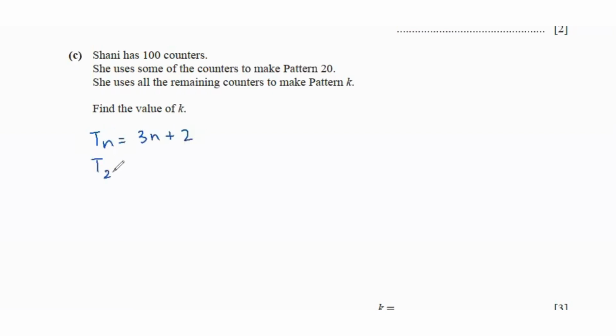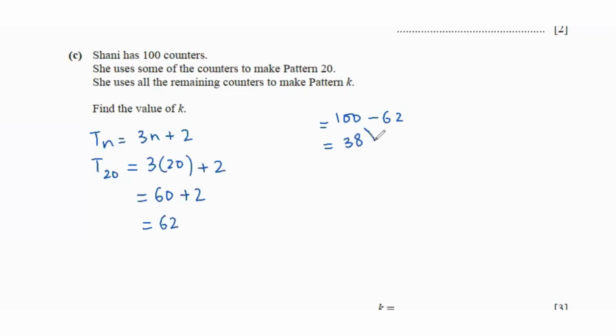So T20 would be 3 times 20 plus 2, which is 62. So now for the remaining counters, we will subtract it from the total. That's going to be 100 minus 62, which is going to equal 38. So 38 is the number of counters for pattern k.